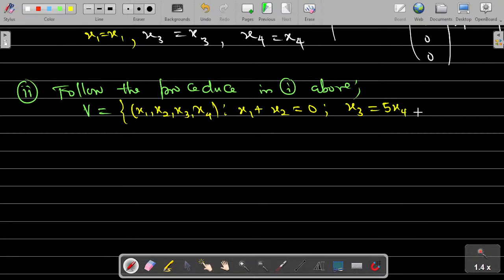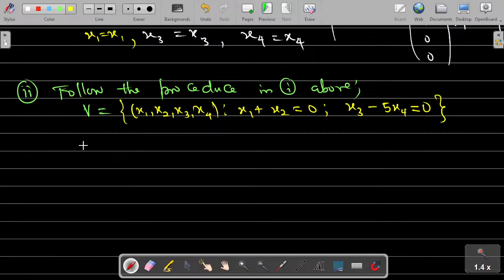This was what was given, but permit me to turn this 5x4 to the other side and equate everything to 0 so that we can generate the null space, and if it comes over, it becomes minus. So with that, we can now generate the null space.